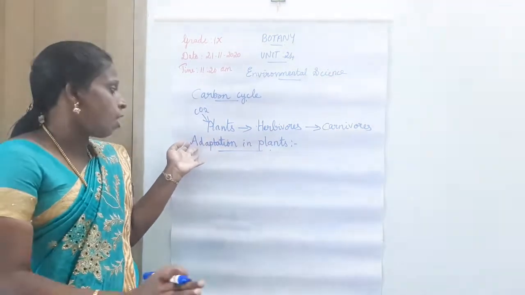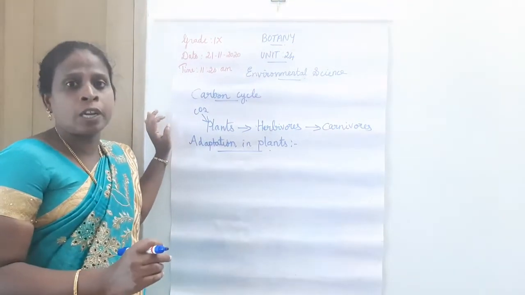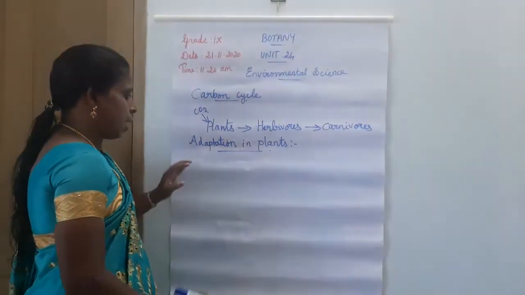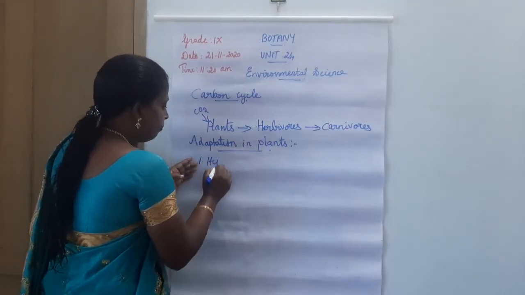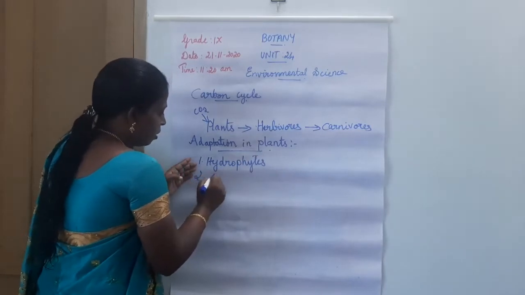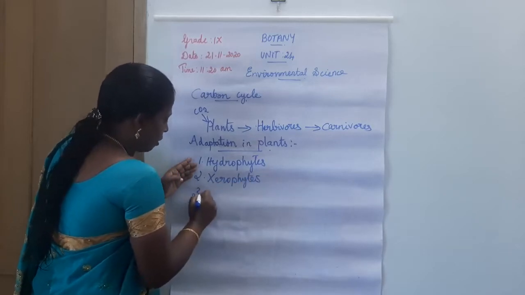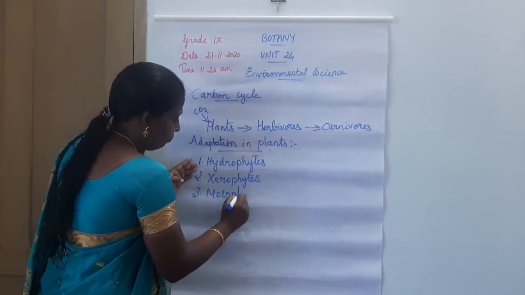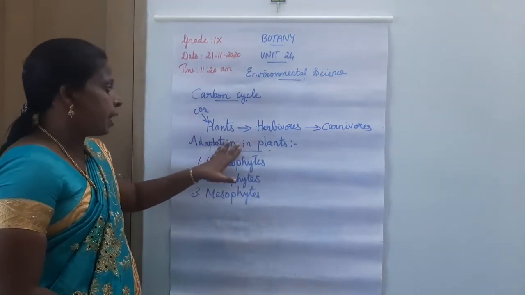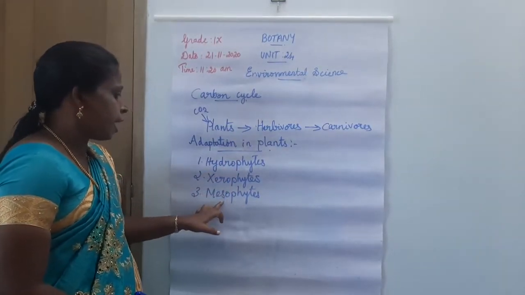In plants, on the basis of the necessity of water, plants can be classified into three types: hydrophytes, xerophytes and mesophytes.